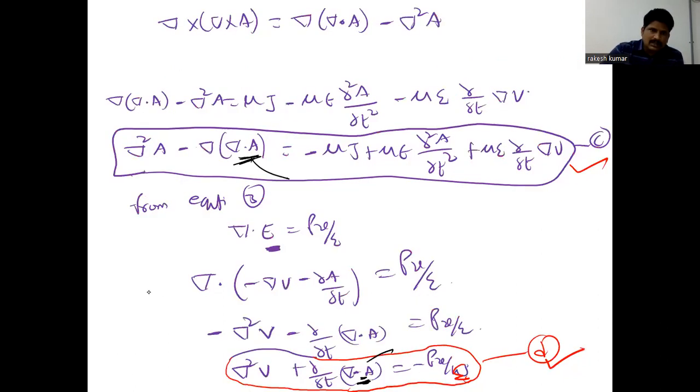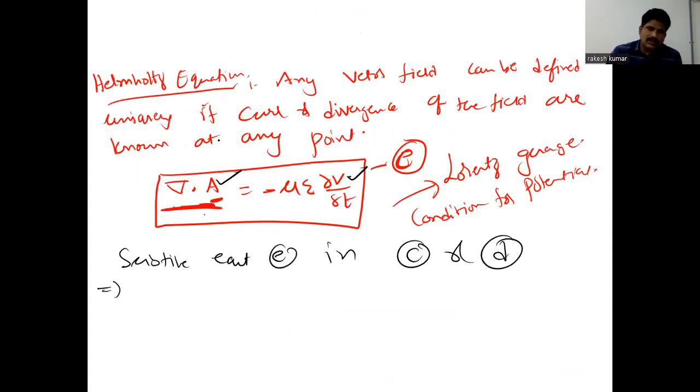What is the equation C? This is my equation C. In place of del by del t, I will simply substitute this Lorentz gauge condition.